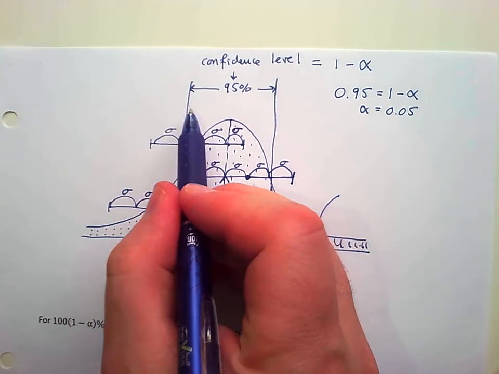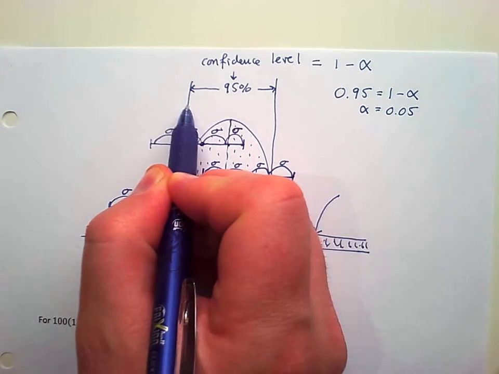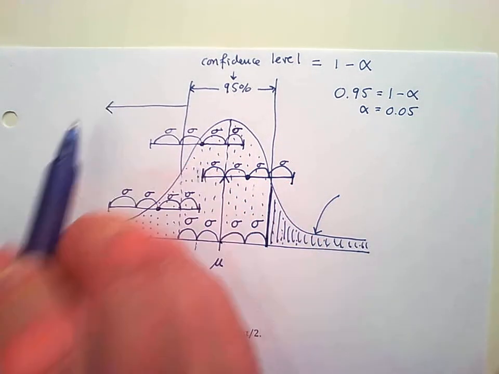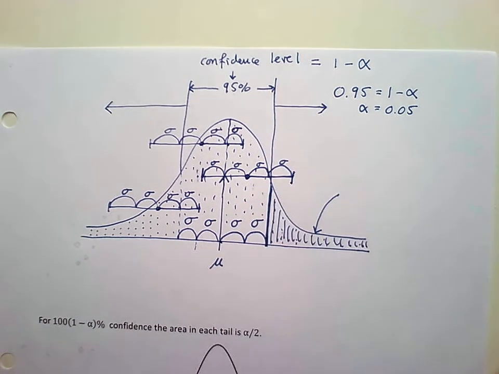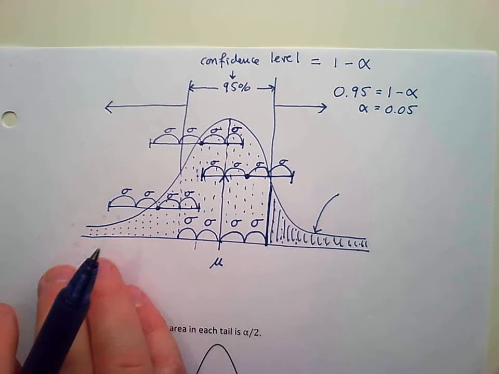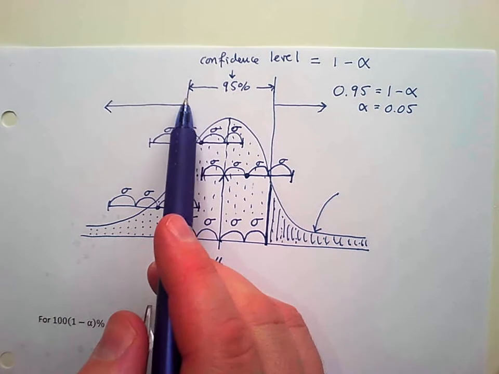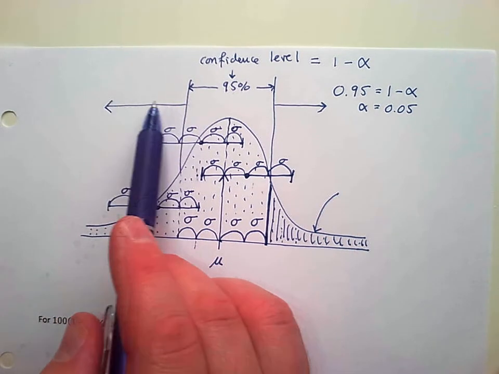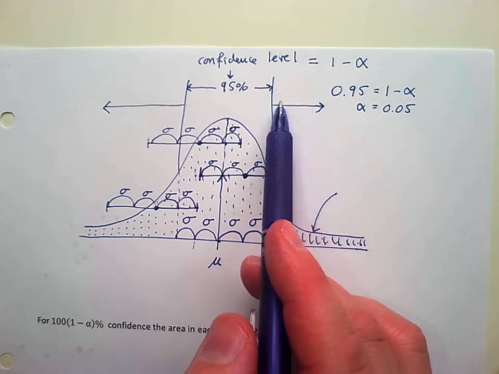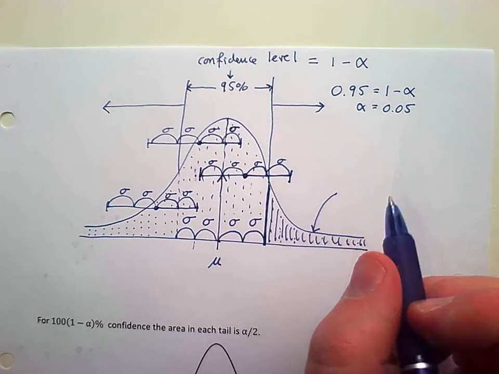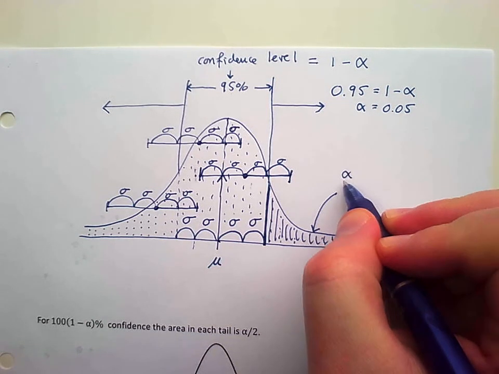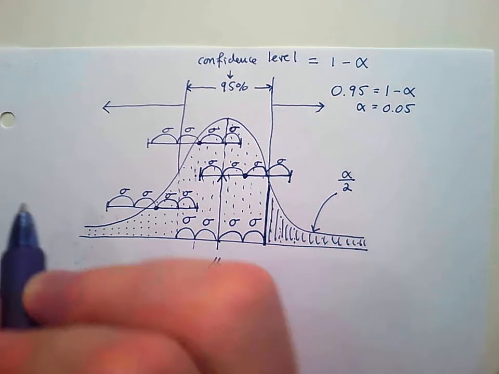But what's left over outside of this 95% range is both what's to the left of here and what's to the right of here. Since it's symmetric, we know that the amount that's over here is going to be the same as the amount that's over here. So therefore, if what's left over is alpha, here we're going to have alpha divided by 2.